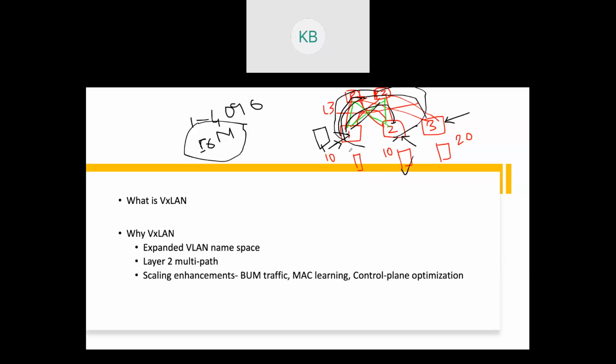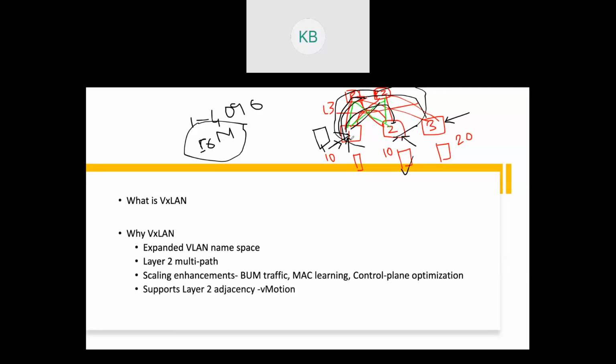So that way they will already know which host is behind which switch, and they need not flood unnecessarily. So that way you can reduce it. If the host is unknown for some reason, then yes, it can always use the flooding mechanism as we talked about. It uses the multicast, and it can learn about the host location.